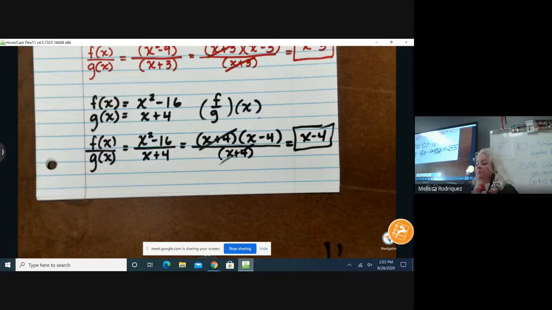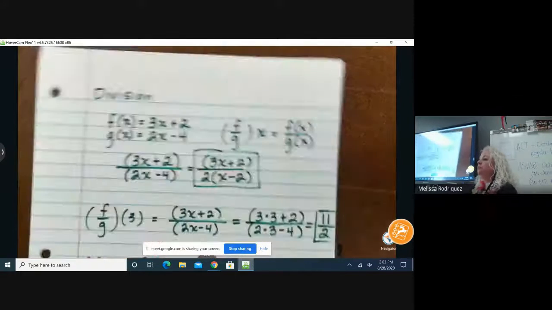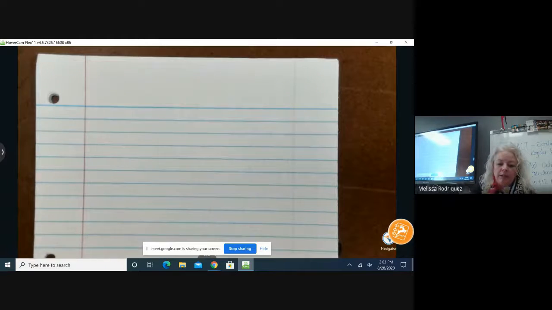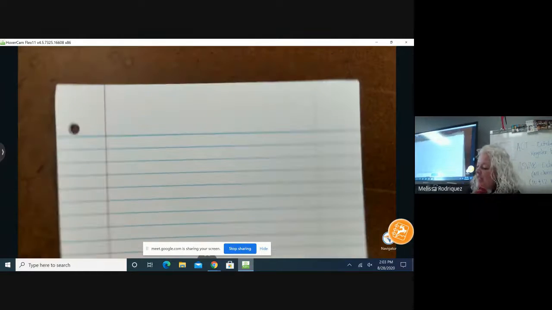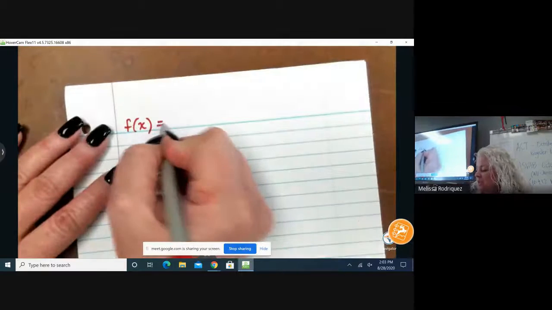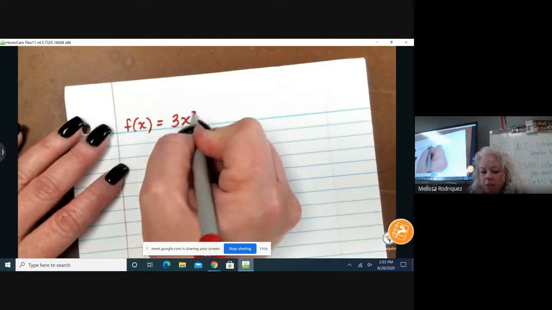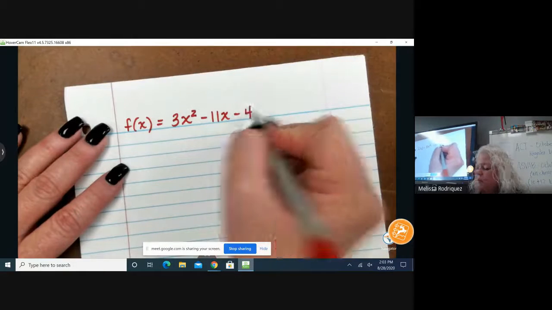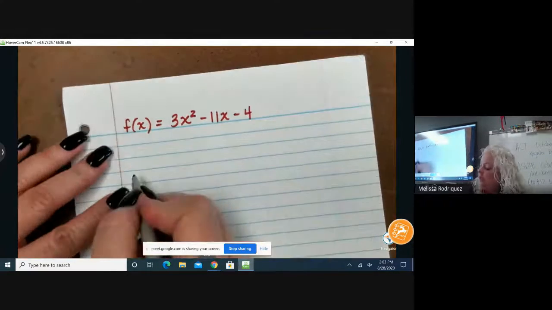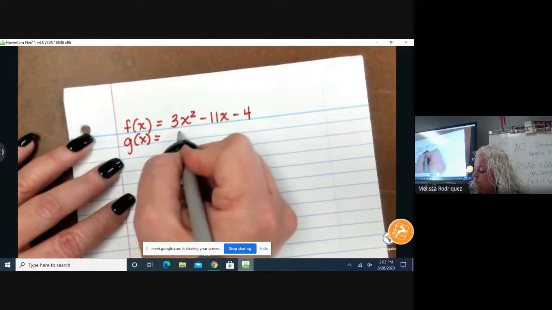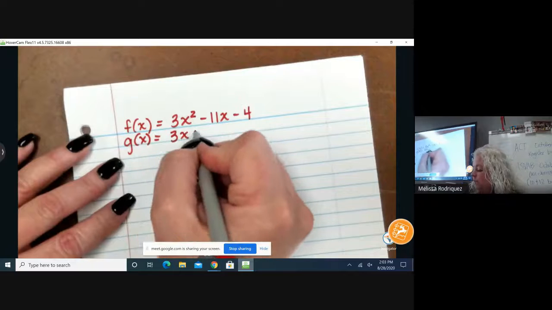Okay, one more and I promise we'll stop, okay? All right, let's see what you can do. f of x is going to be equal to 3x squared minus 11x minus 4. g of x is going to be equal to 3x plus 1.